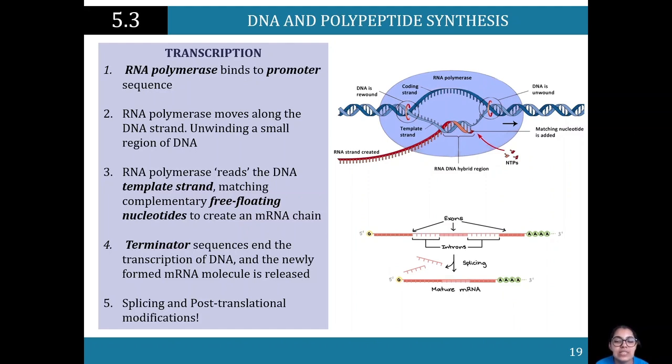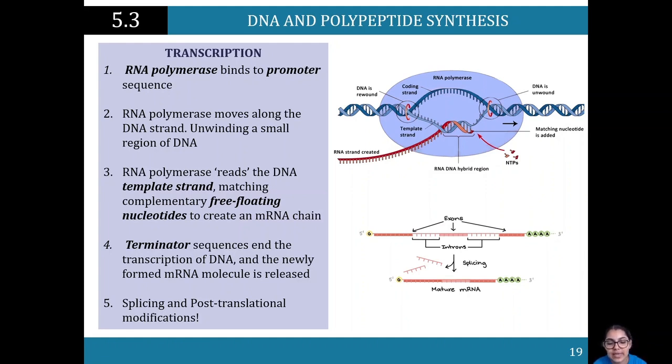And finally, once that is done, we go through a process called post-translational modifications. What that means is we are going to splice out the bits that we don't need. Not the whole DNA codes for proteins, because it has other junk sequences as well.